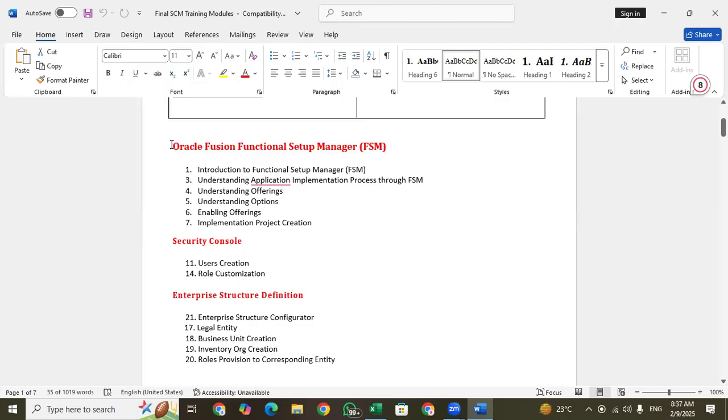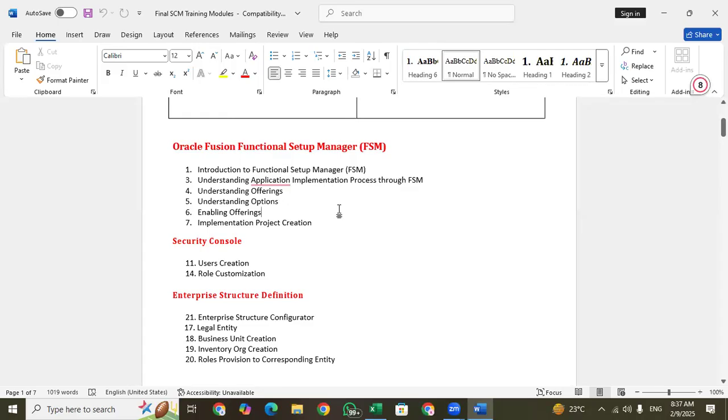For example, when you join a company, they assign a role to you, saying you are a technical person or a functional person, and you need to do the SCM-related configurations. In the same way, at the application level, to perform configurations and setups we need functional setup manager roles and privileges. Then only can you do the setups. Setups can be done only by the functional consultant.